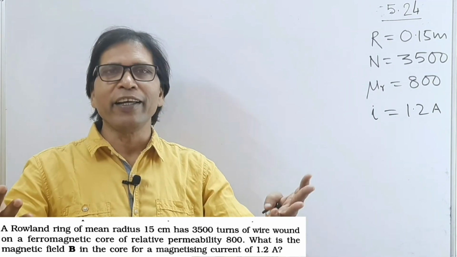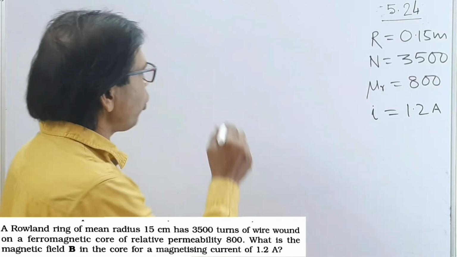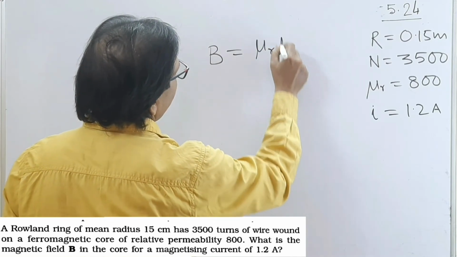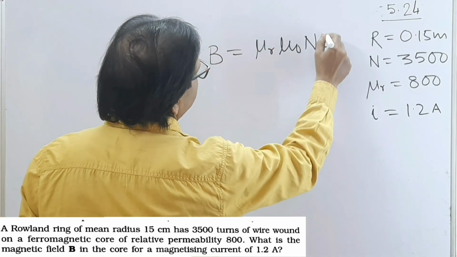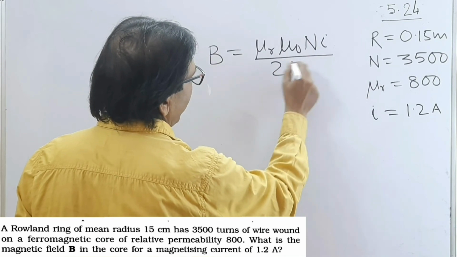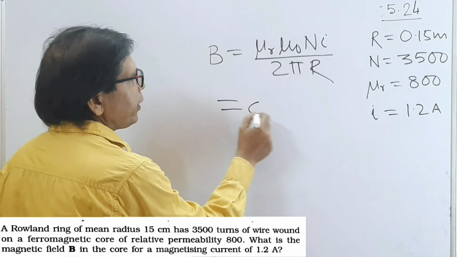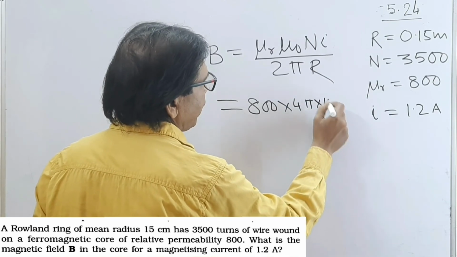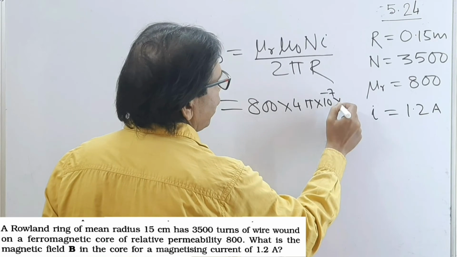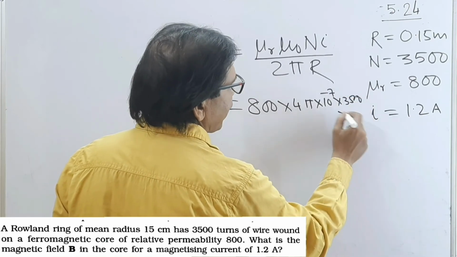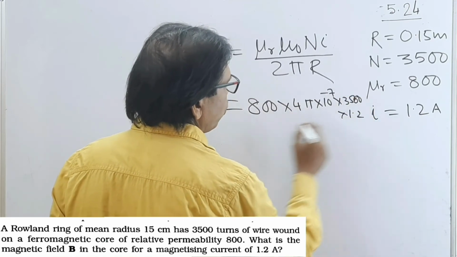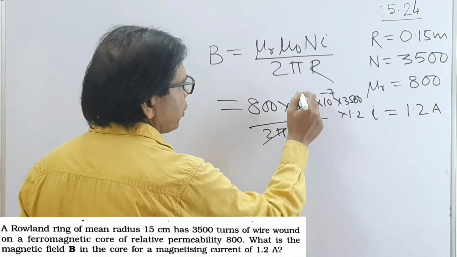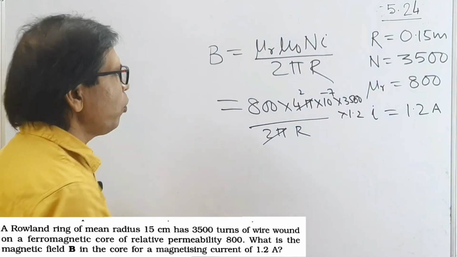Now in Rowland ring, the magnetic field in the core B equal to mu R mu naught N i divided by 2 pi r. Now put the value. This is 800, this is 4 pi into 10 to the power minus 7, and this is 3500, and current is 1.2 divided by 2 pi capital R. Now 2 pi, this is the 2. Okay? Now look at this.